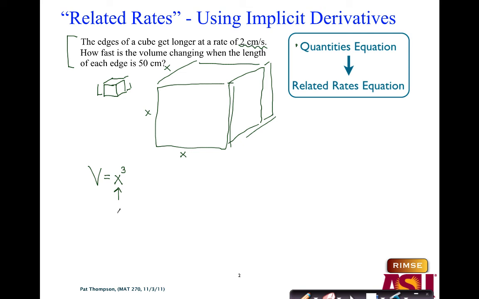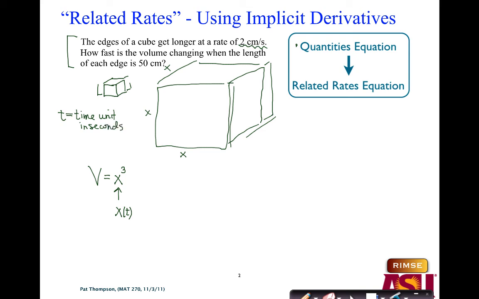But let me just write x is a function of t. x is a function of time. Your book does this also, but t is used in a lot of cases like this for some sort of generic time. In this case, it'd be seconds.